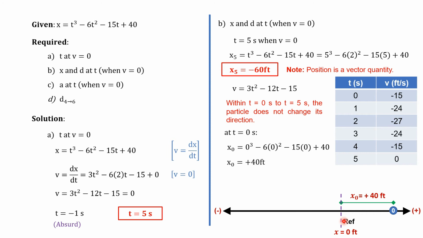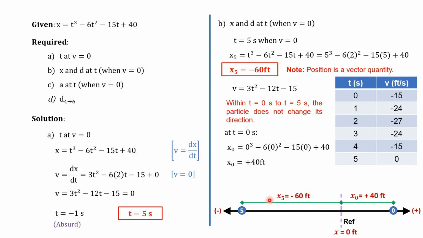While ang iyang position, class, at time is equal to 5 seconds, nakuha naman natong value and that is negative 60 feet. So, kung i-plot nato siya, that is 60 feet to the left from the reference, directed to the left. Okay, so mao ni siya.